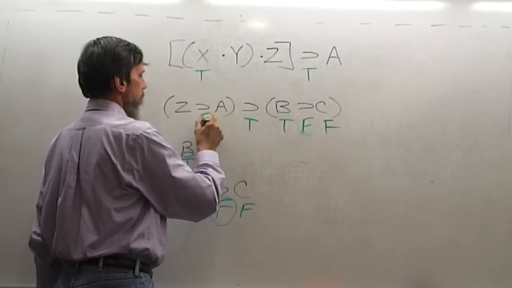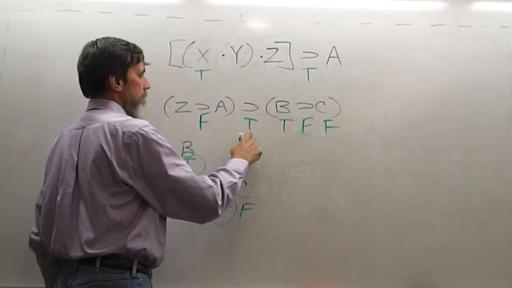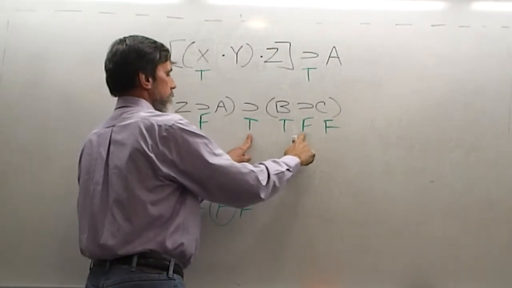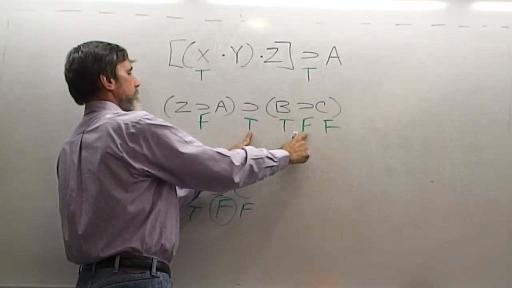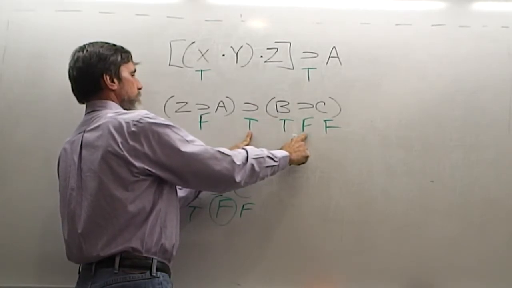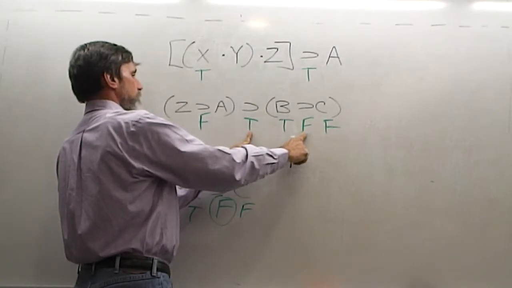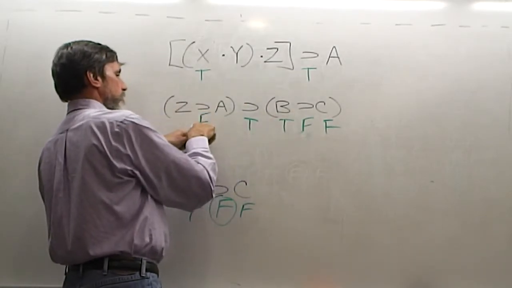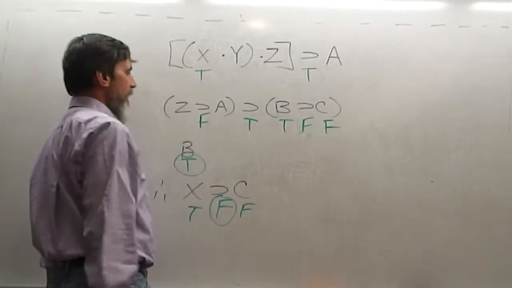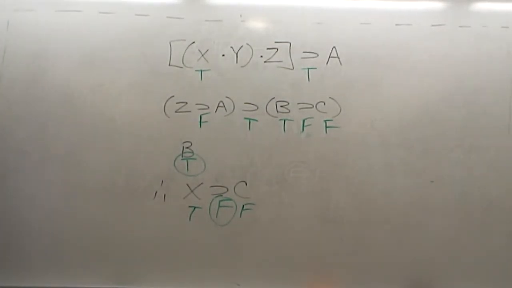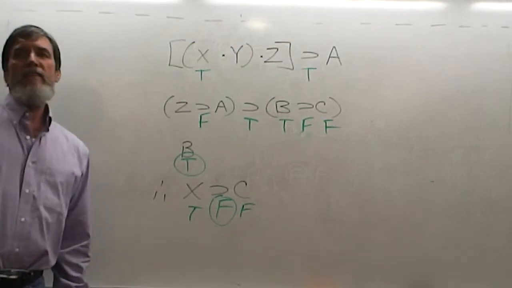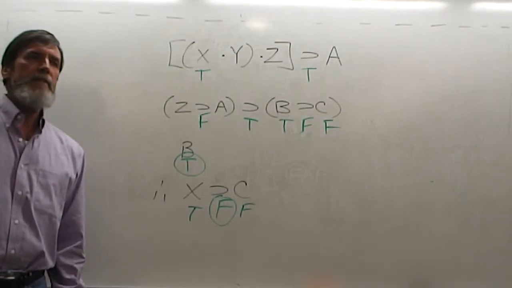Why? Because the only time that the horseshoe can be false is if the antecedent is true and the consequent is false. Well played. That opens up yet more assignments in that same premise.